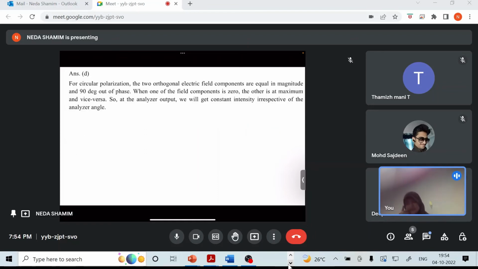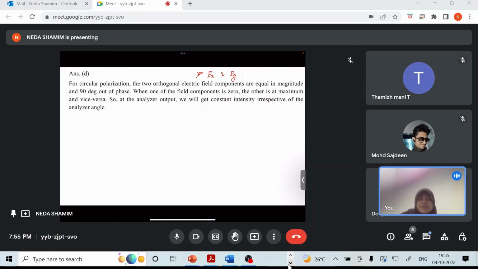The explanation for this is that in circularly polarized light we have Ex and Ey. Both Ex and Ey are orthogonal to each other and equal in magnitude, but they are 90 degree out of phase with each other. One is sine, the other one is cos. We have seen this mathematically as well.